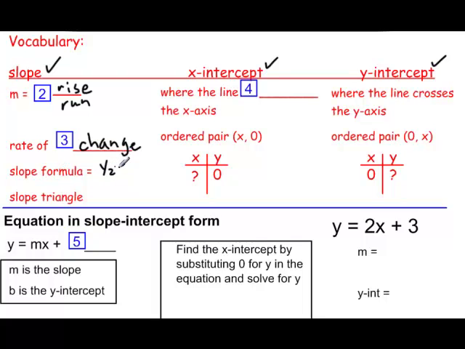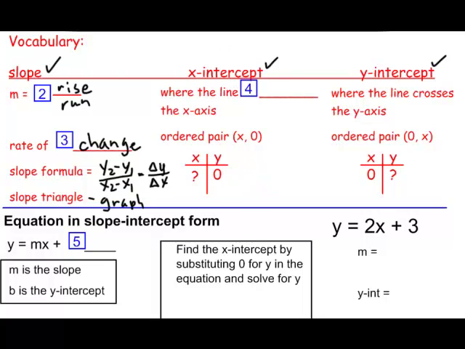That's y sub 2 minus y sub 1 over x sub 2 minus x sub 1. So basically what that means, I'm going to take the difference of my y's. So I give you a new kind of symbol here. That's a delta symbol, stands for difference, over the difference of my x's. And then of course we know that if we have a graph, we can use our slope triangle.